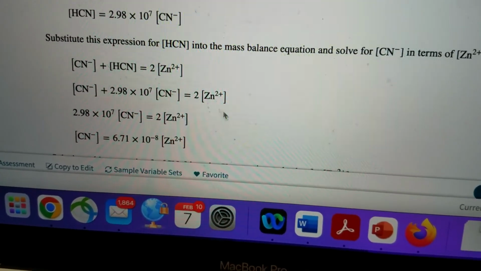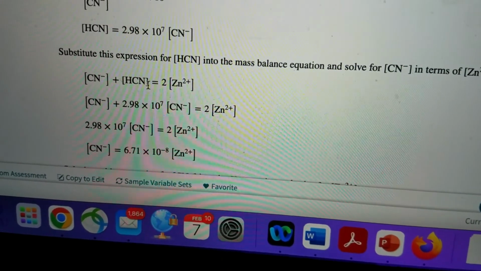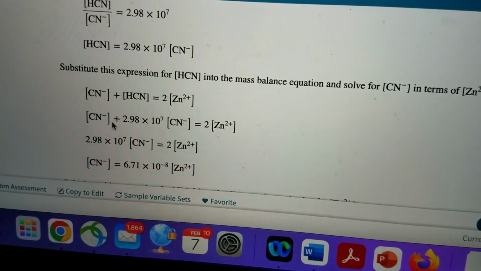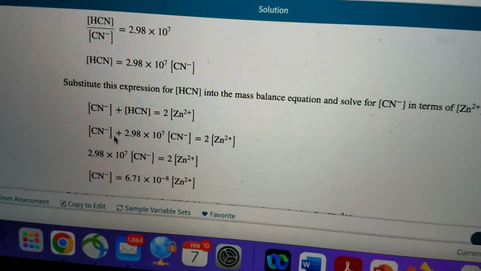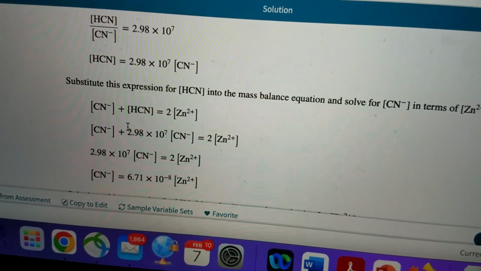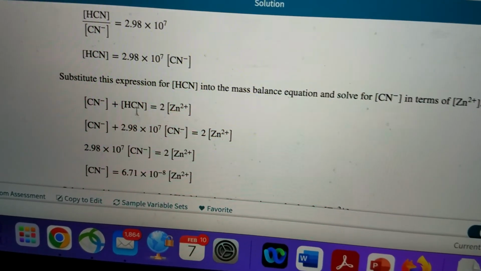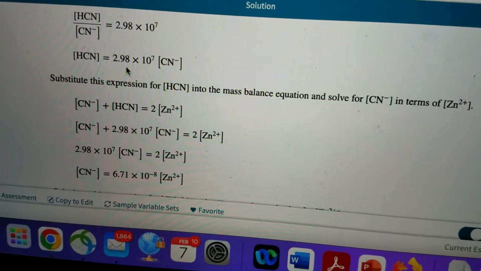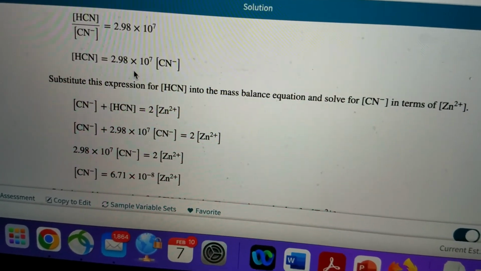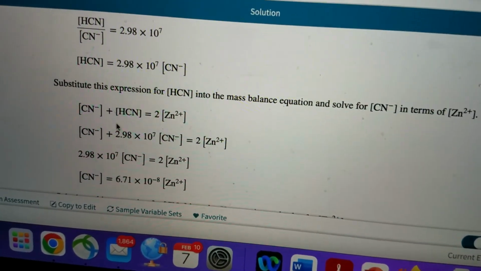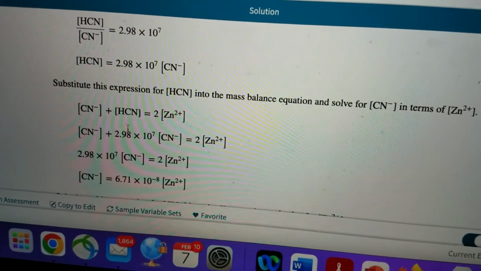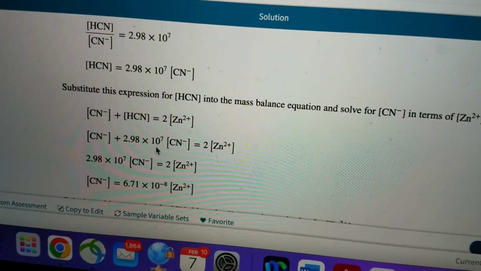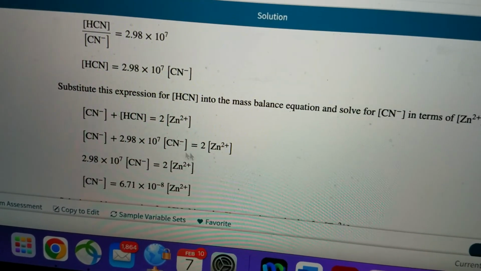Now we use the mass balance. That's the mass balance equation. We already know the HCN concentration equals 2.98 times 10 to the 7th times CN. So the HCN here is replaced, and now you can see we just have CN on the left-hand side.